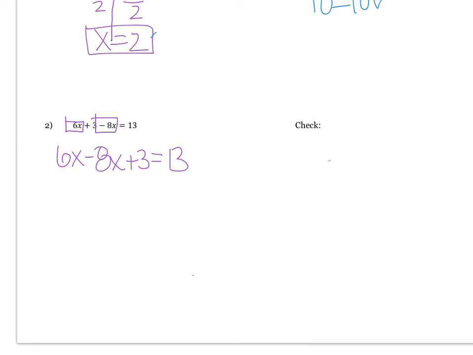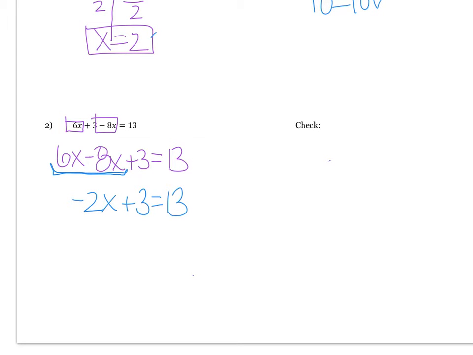Whenever we combine terms, they have to have the same variable with the same exponent. These are both x's, so we're good. Then you just combine the coefficients. So 6 minus 8 is a negative 2x, plus 3 equals 13.